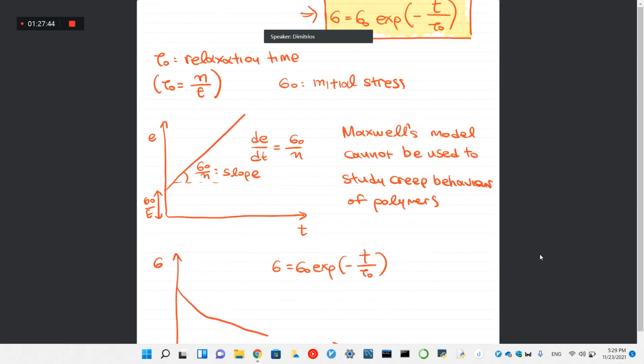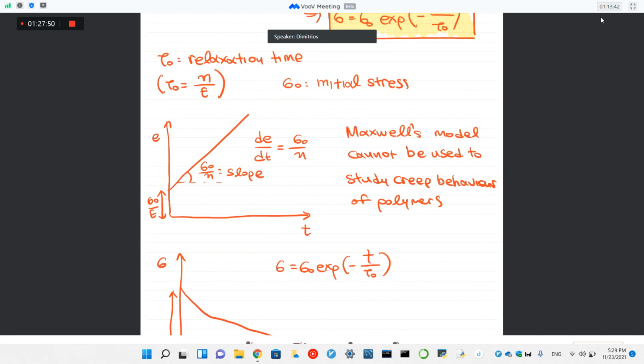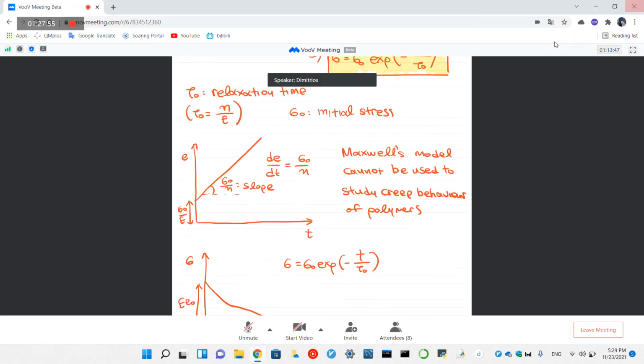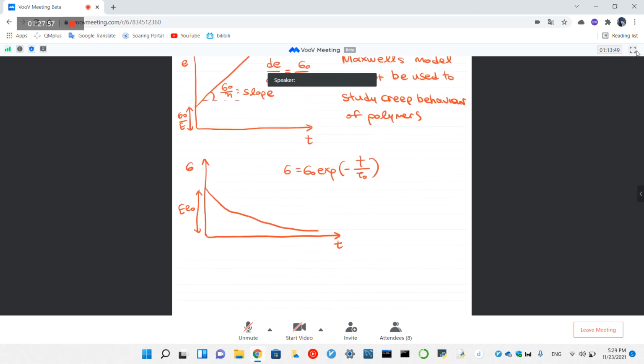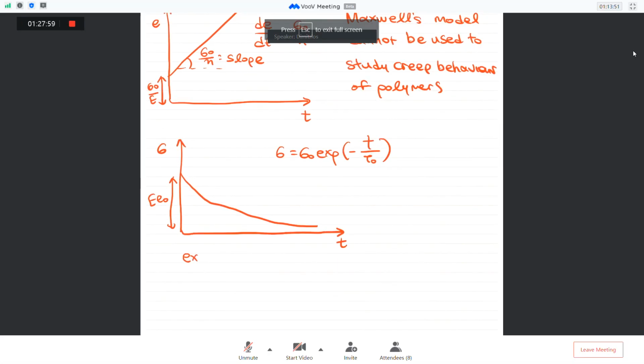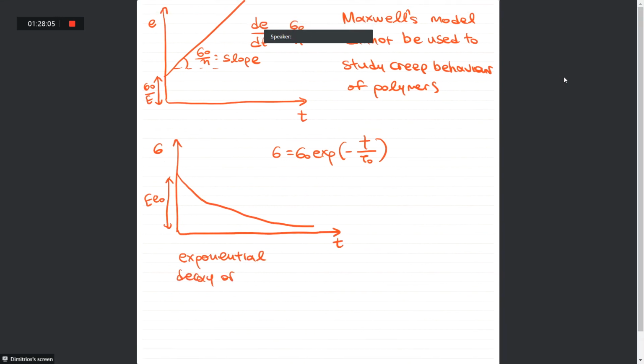Here, this equals E times E0. And as you can see, we have an exponential decay of stress, and that is what we would expect.